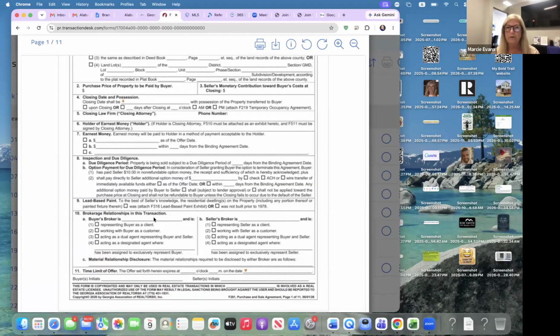That is actually the perfect definition of what designated agency is. It means that the broker has designated Sean and Simone, for instance, one to represent the buyer as a client, one to represent the seller as a client. So the way you would write that out is: buyer's broker is Maximum One Community Realtors and is acting as a designated agent where Simone has been assigned to exclusively represent the buyer.